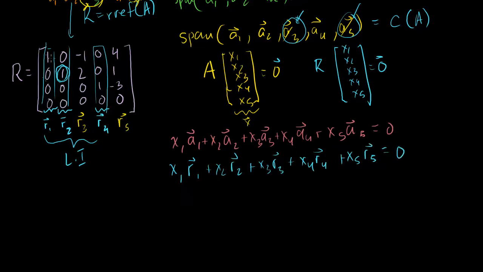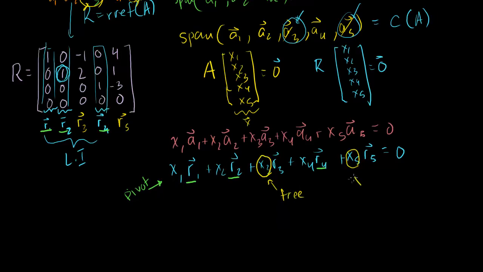Now, we know that when we put this into reduced row echelon form, the x variables associated with the pivot columns are, well, the pivot columns are r1, r2, and r4. So the x variables associated with them we could call pivot variables. And the ones that are not associated with our pivot columns are free variables. So x3 and x5 are free variables.